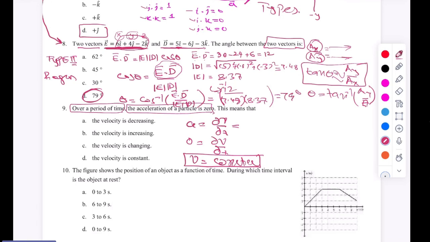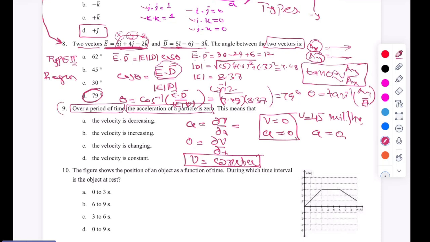For example, if we have an object at rest, its velocity is 0. Therefore, its acceleration is 0 as well. But this is not always the case. If the body is moving with constant velocity, like a constant velocity of 45 miles per hour, then its acceleration is 0, but velocity is not 0.